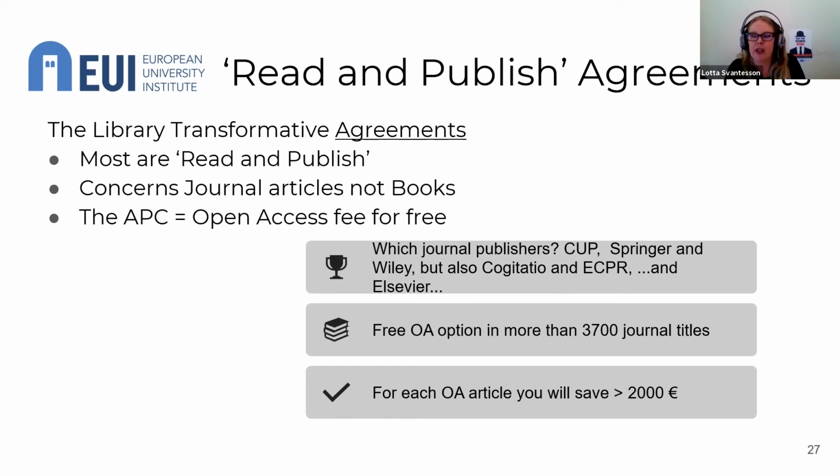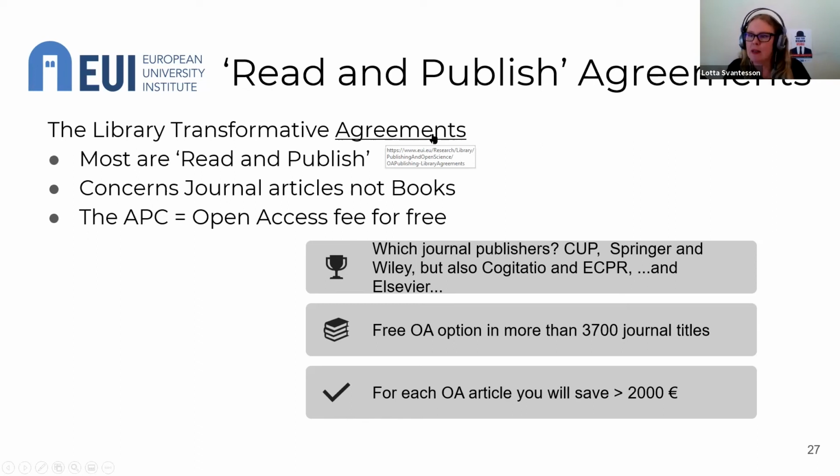And ECPR has a very, very low APC for EUI members, around, I think, 49 pounds for one open access journal, instead of more than 1,000. But that's also through an institutional membership of the EUI.